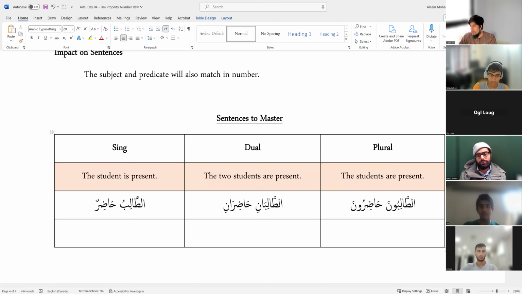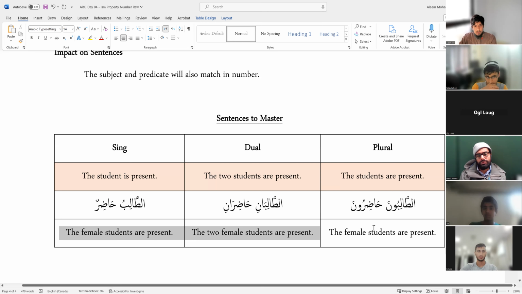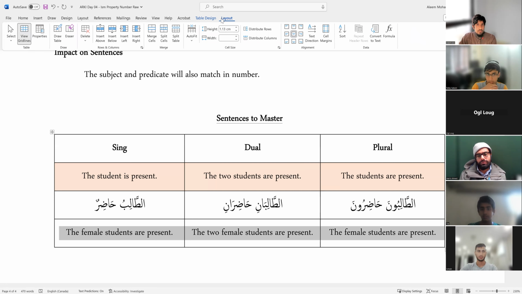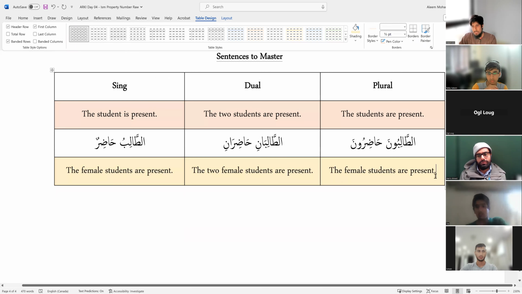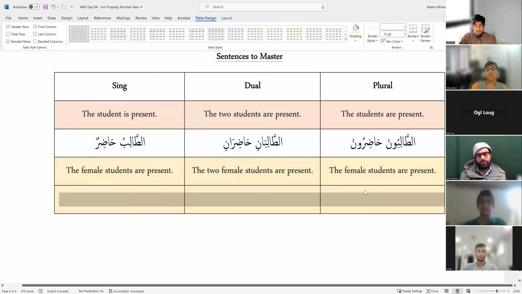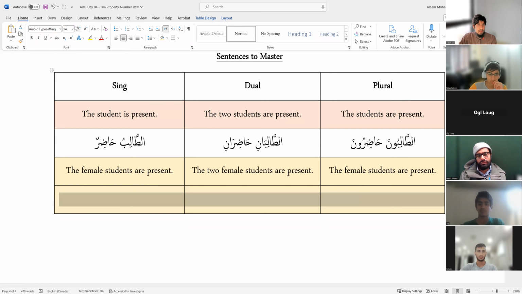Okay, and then let's feminize this. So what if we wanted to reconstruct this same sentence pretty much, but just make it female? How would we do that?